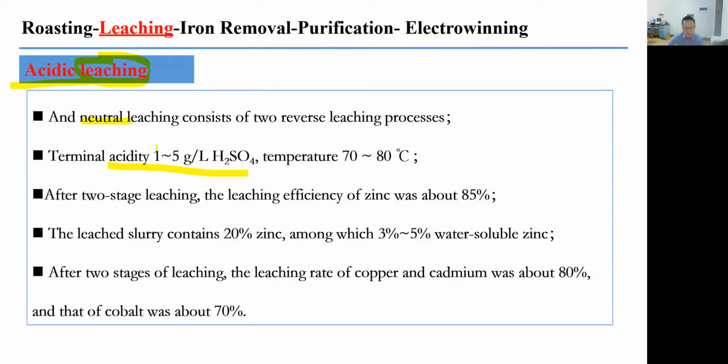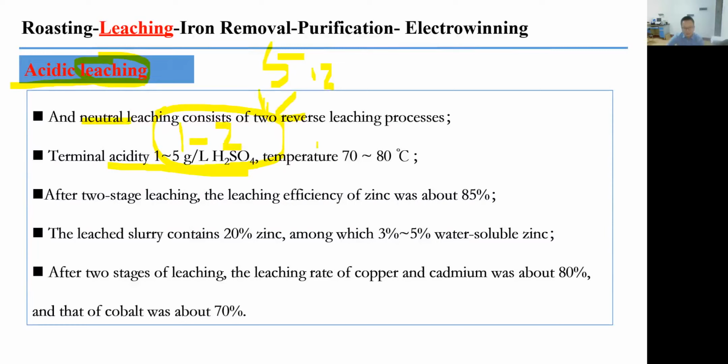If you calculate the pH value of the system with 5 gram sulfuric acid, you will find the pH value is somewhere between 1 and 2. And in the neutral leaching, the pH value is around 5.2.